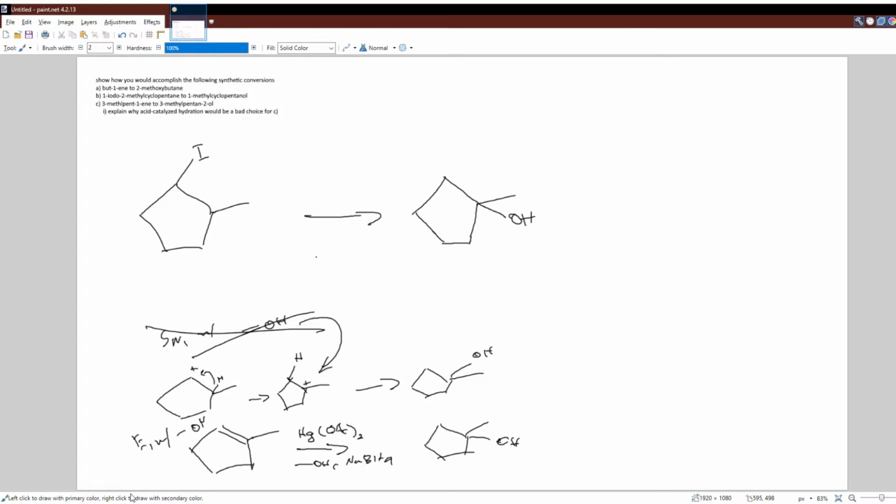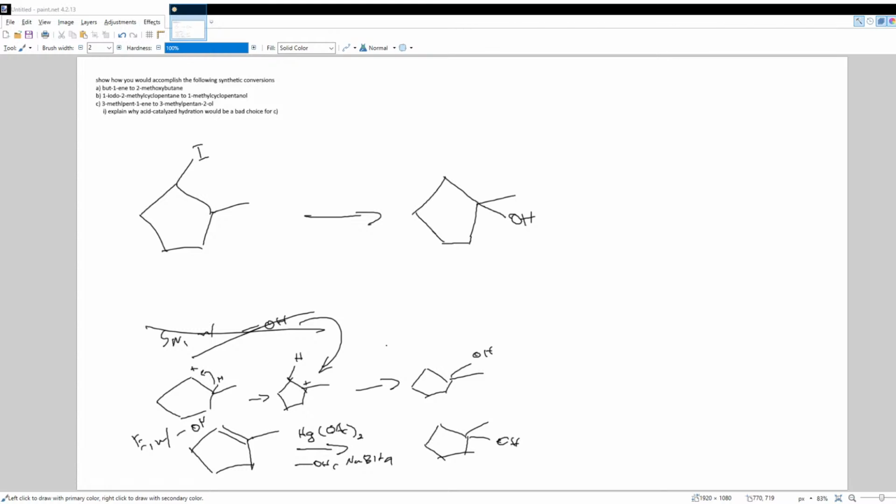Wow, I'm stupid. What would happen if I added a methyl here? Am I dumb? What's the E1 reaction? Man, I'm getting all my reactions confused.